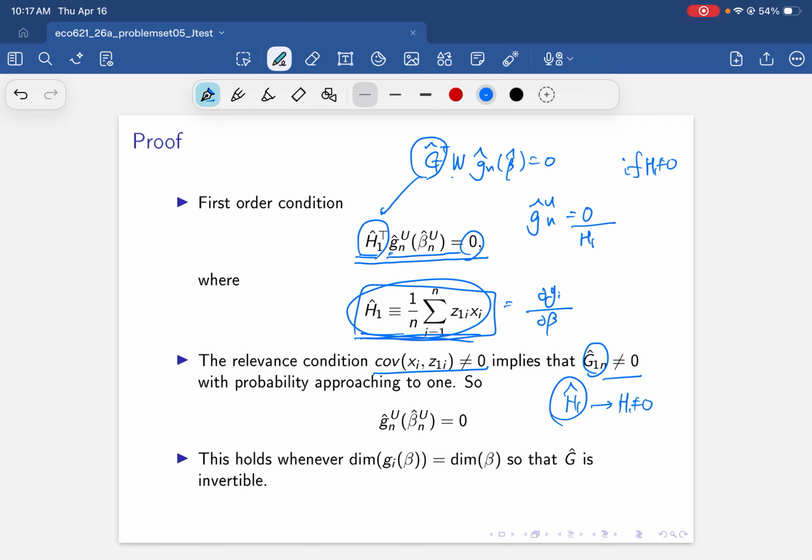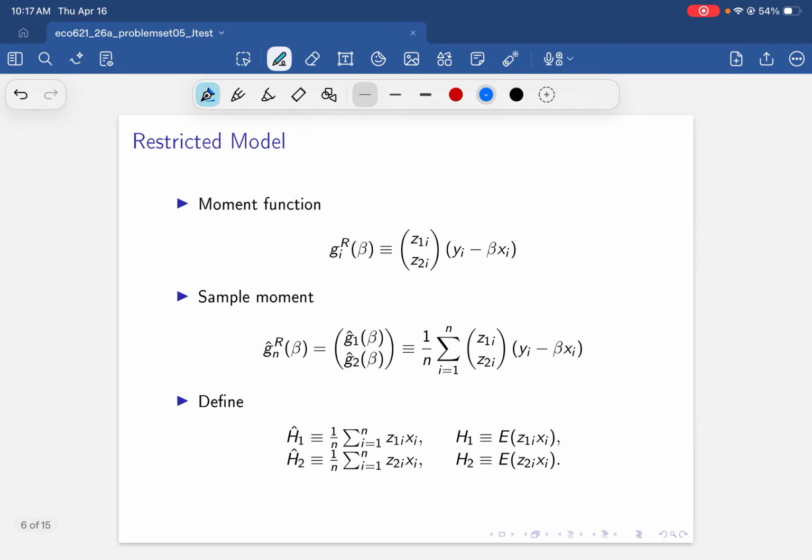Then if n is large enough, it will be different from 0. That shows the moment is 0. The idea is pretty simple, and it holds whenever the number of moment conditions equals the number of parameters.